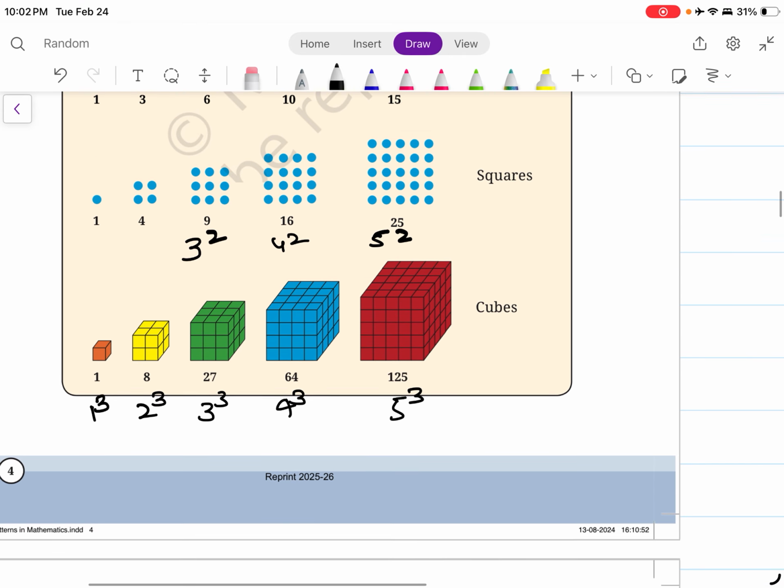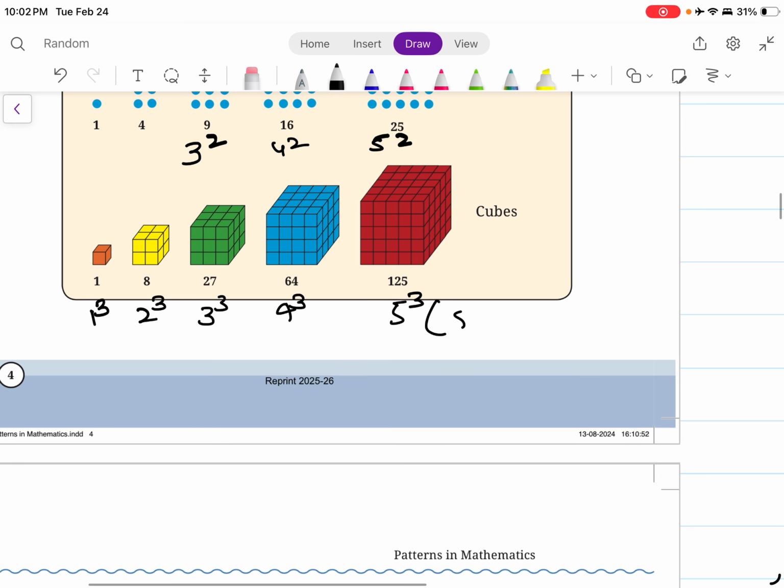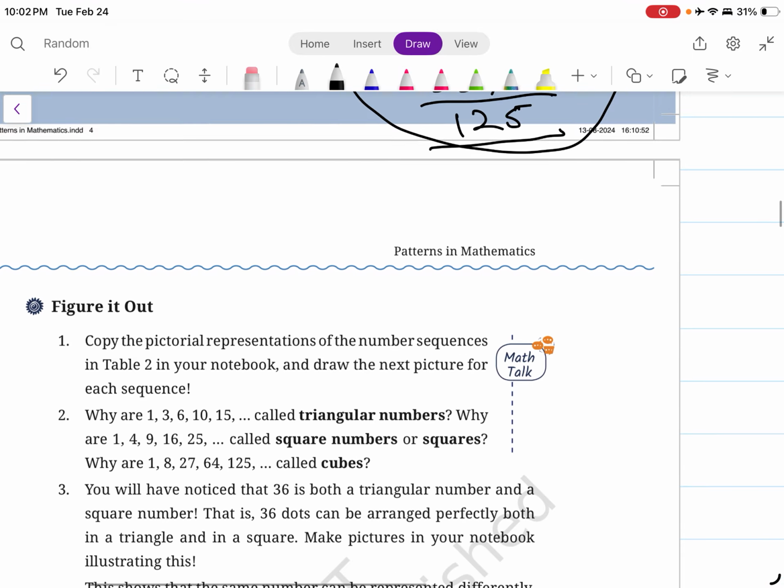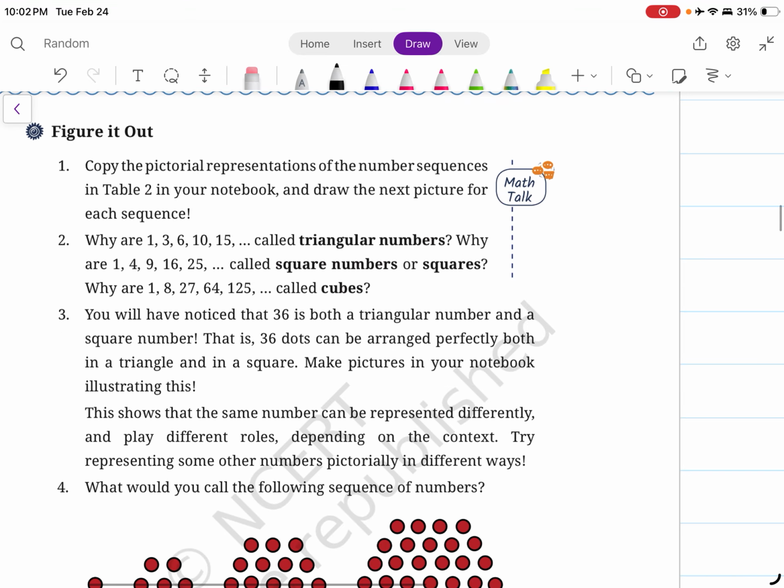See, and how it is written elaborately. 5 into 5 into 5 into 5. We multiply 25 into 5. 5 5 are 25, 2 and 10 12 125. तो इसका ऐसे ही आंसर आता है क्यूब का. So this is the exercise that you have to do.